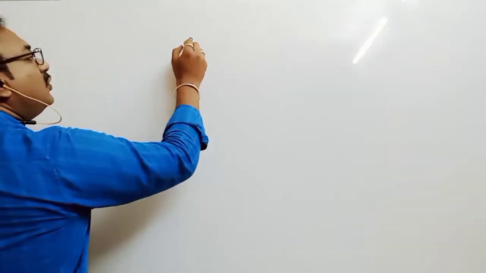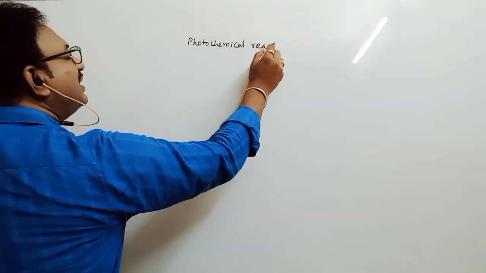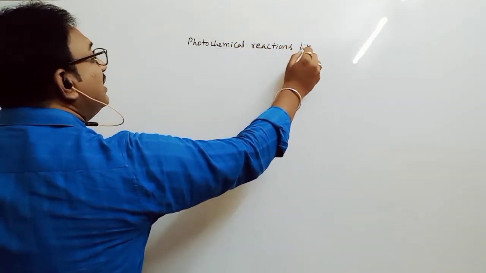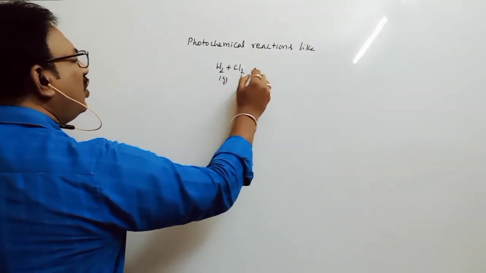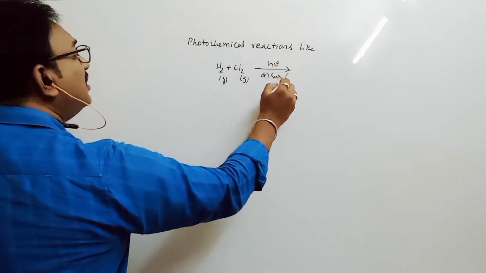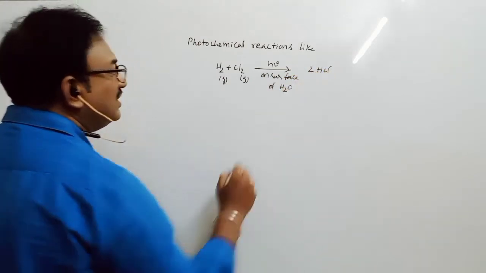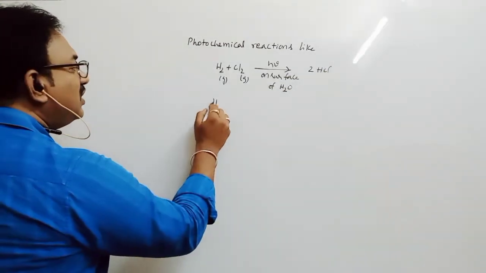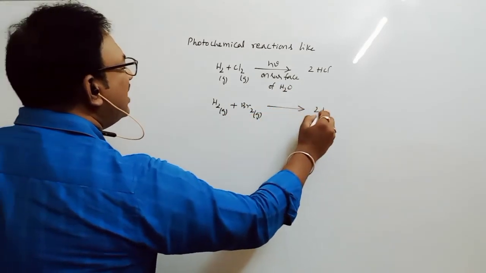My first point: photochemical reactions like H2 plus Cl2 gases over the surface of water in presence of sunlight gives rise to 2HCl. So this is one. And another one, H2 plus Br2 gives rise to 2HBr.